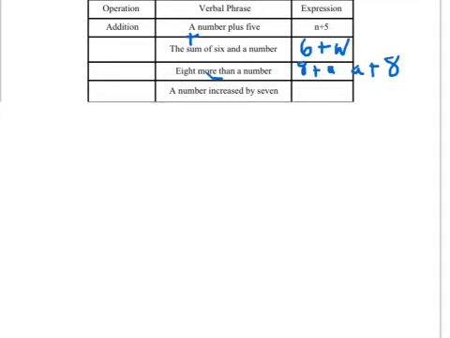That implies the number that we don't know comes first, so I'm going to put my variable, increased by 7. So that's 4 different ways they could possibly say addition in words. There may be some other ones you would need to recognize, but that's how we take them from verbal into algebra. Now let's talk about subtraction.